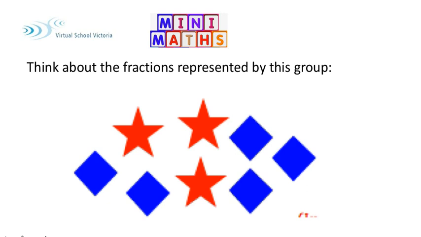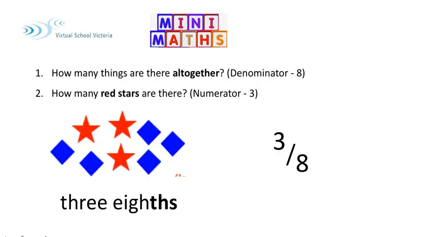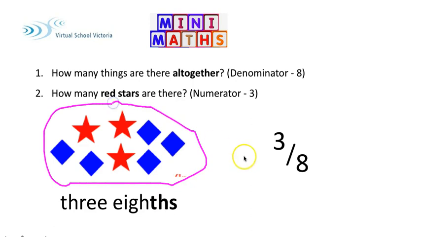Think about the fractions that are represented by this group. We have a group of shapes. What we have here is 8 shapes altogether, and that makes our denominator.